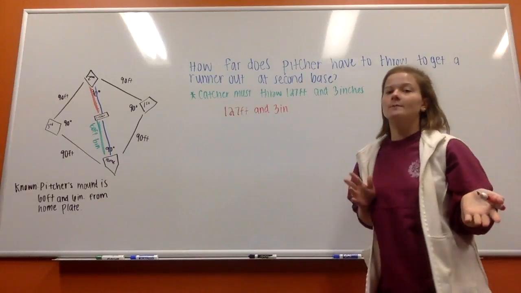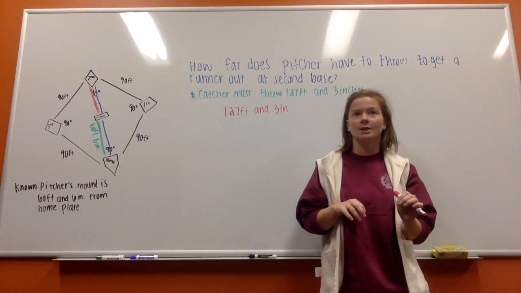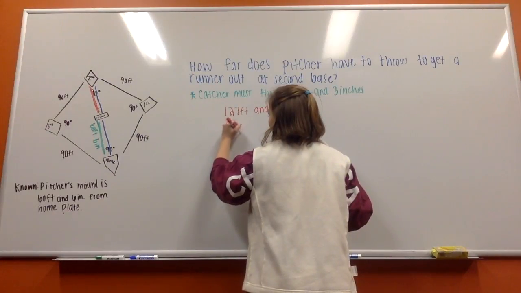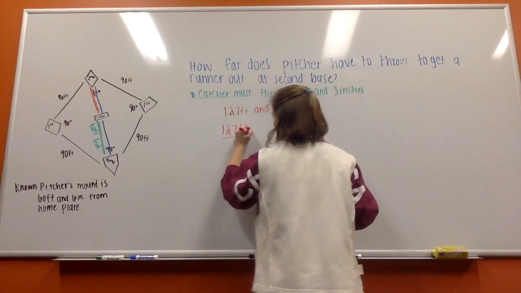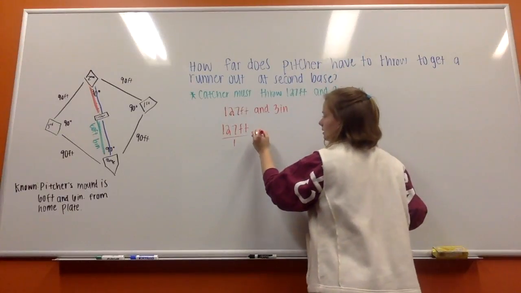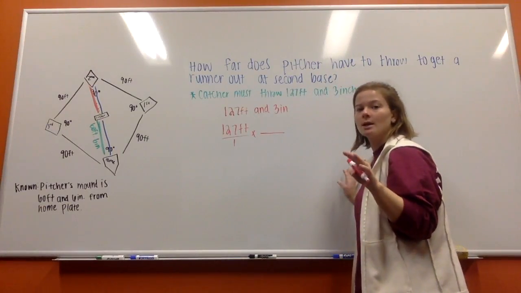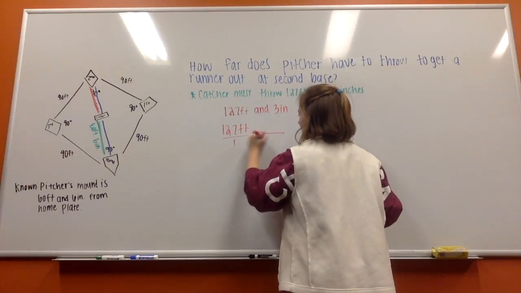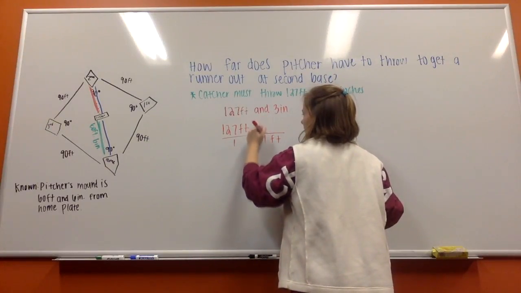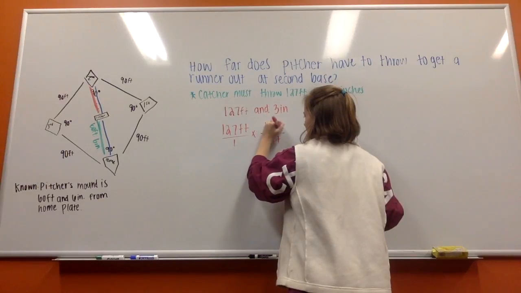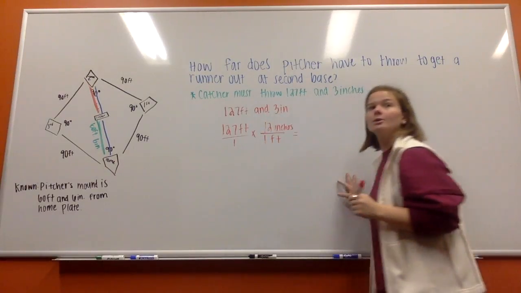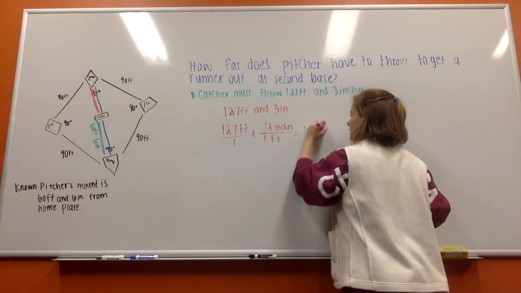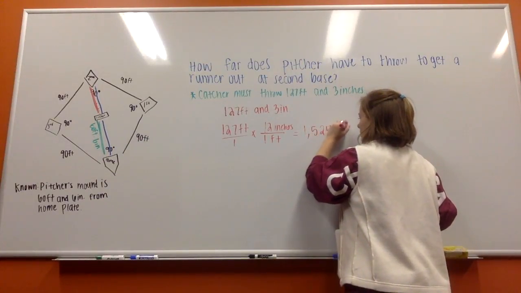Now, to be able to solve this problem, we do have to do a few conversions. So I want 127 feet in inches, so I can deal with everything in inches. So 127 feet over 1 times 12 inches over 1 foot. Do some quick math, and I get 1,524 inches.